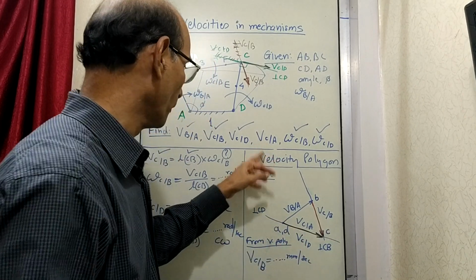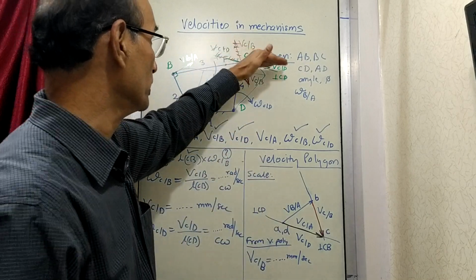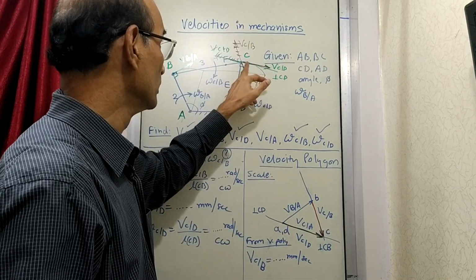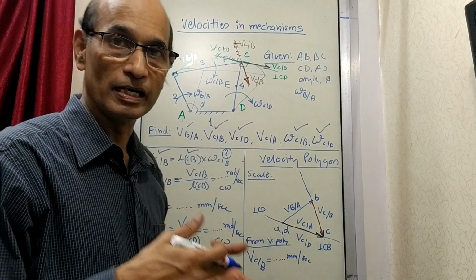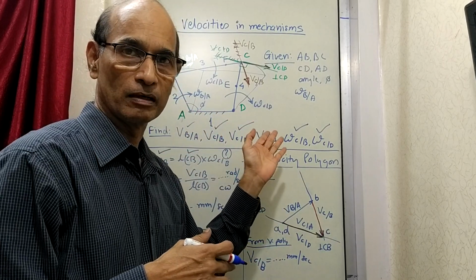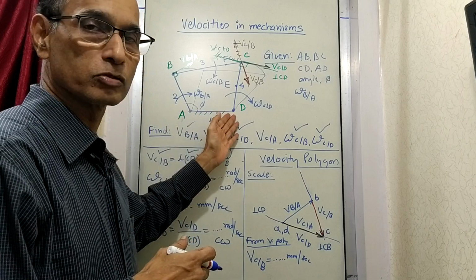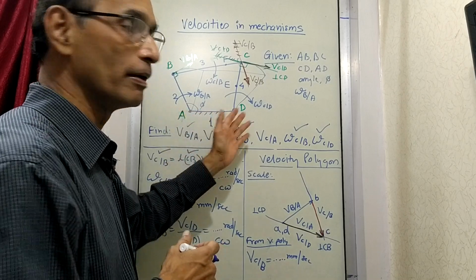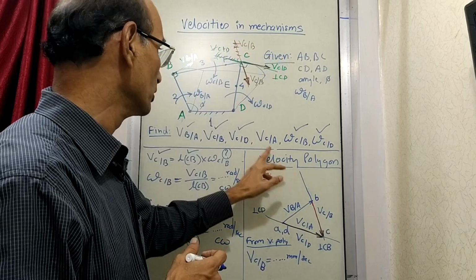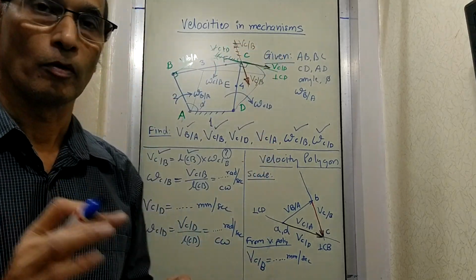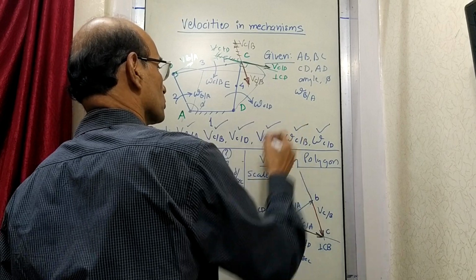Whatever velocity you have obtained, velocity of C related to D, that is the direction in which this point is moving, as observed by D. D means the one who is standing on a fixed point, fixed link. A is also on the fixed link, so both of them will get the same feeling. So this velocity will be the velocity of C with respect to A also. That means we have found out these also.